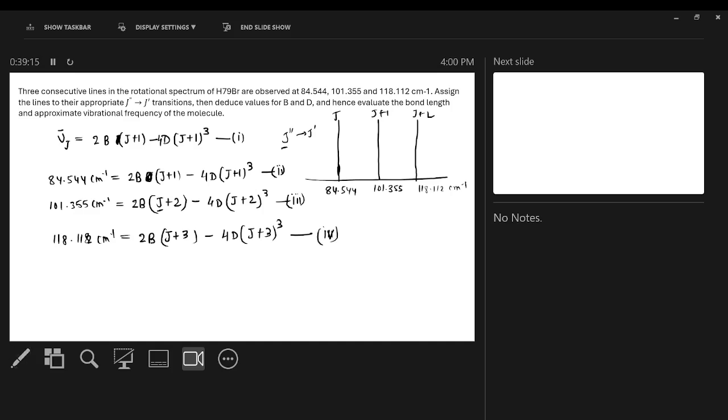So from the given data we wrote three equations: equation 2, equation 3, equation 4. Let's try to work on equation 2.